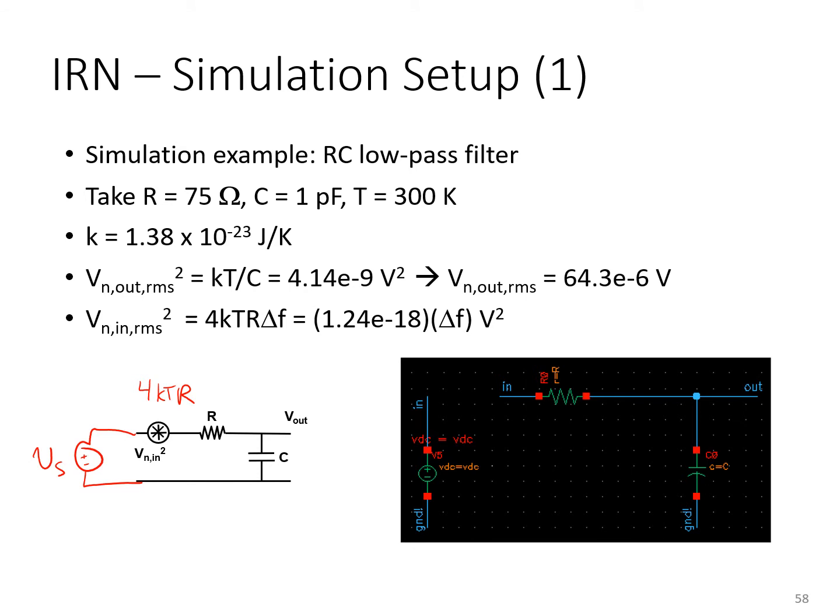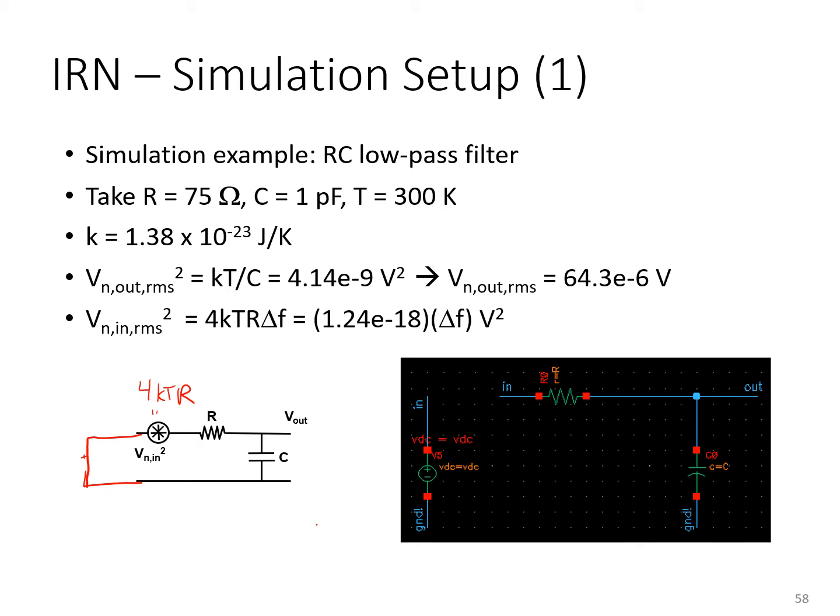And if we want to find the output noise due to the thermal noise of the resistor, then we can do a small signal analysis setting Vs to 0. Doing so means that we effectively replace Vs with a short circuit. And now we're left analyzing this simple RC circuit here.